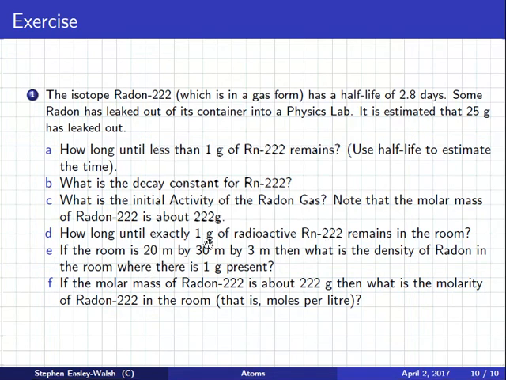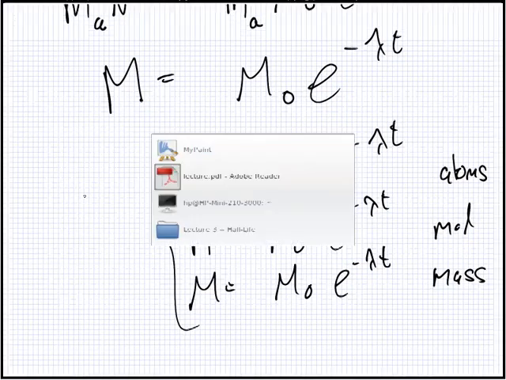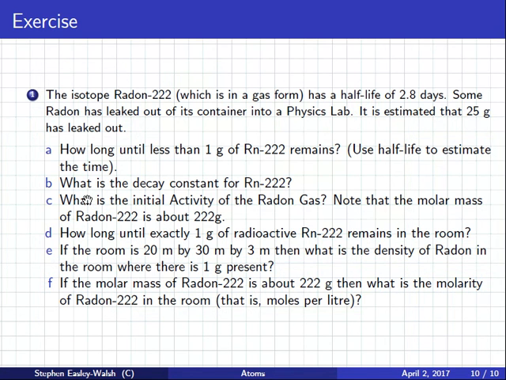But for question C, it must be atoms, because the definition of activity is destruction of atoms per second. So you must be using atoms for part C. But you don't need to for part D.